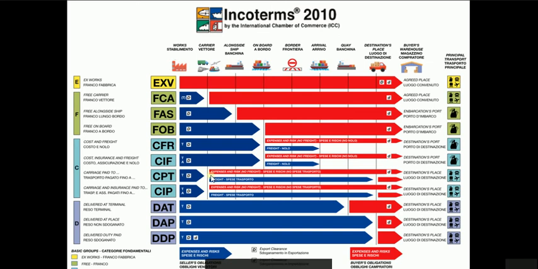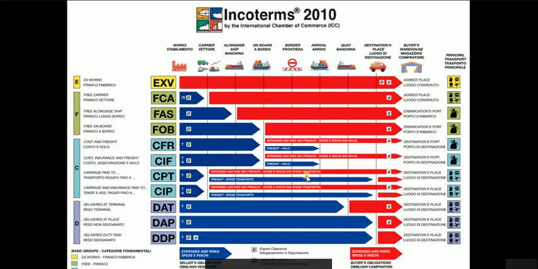Next one is the CPT. CPT means once your product is loaded into the ship and taken to the destination port, that is the buyer's country's port, and it will be unloaded there, till that you will quote the price.